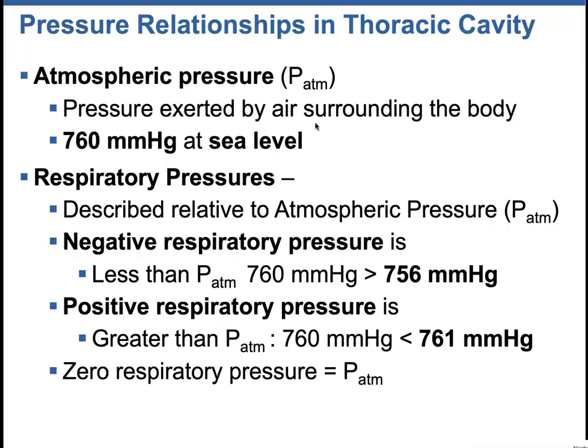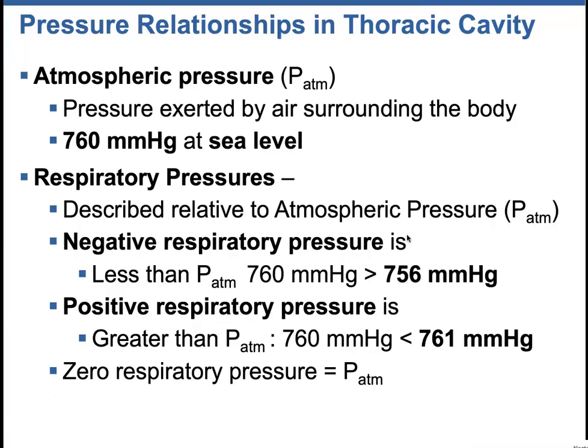The respiratory pressures refer to what's going on in the lungs. Remember that in order for air to flow, we need a pressure gradient, which means it has to go from high to low. So inside the lung, we're going to have the diaphragm. When you inhale, it contracts and goes down, and it creates more space in the thoracic cavity.